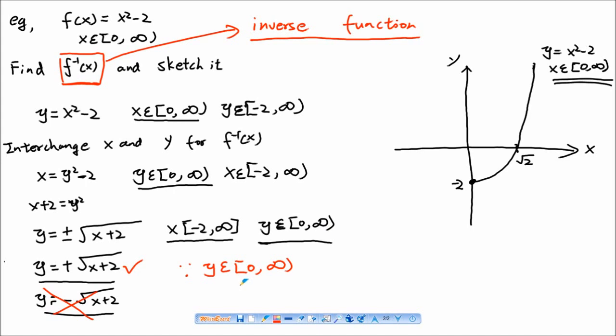So the equation of inverse f(x) would be positive square root of x plus 2, and the domain is from minus 2 to infinity, which we found out from interchanging x and y.